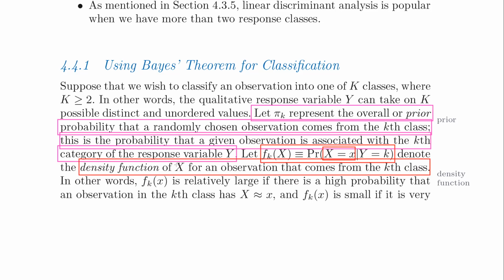In other words, f k of x is relatively large if there is a high probability that an observation in the kth class has X roughly equal to x.